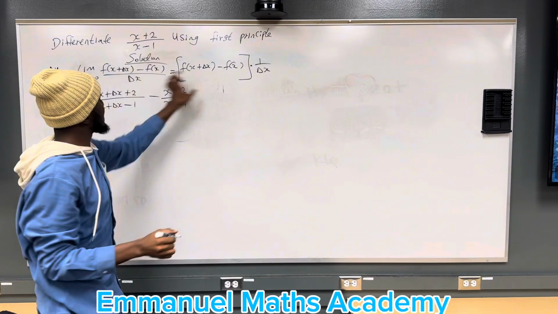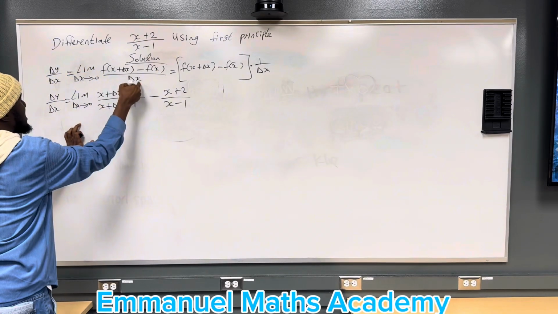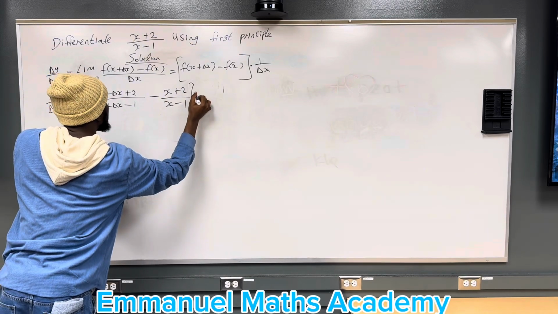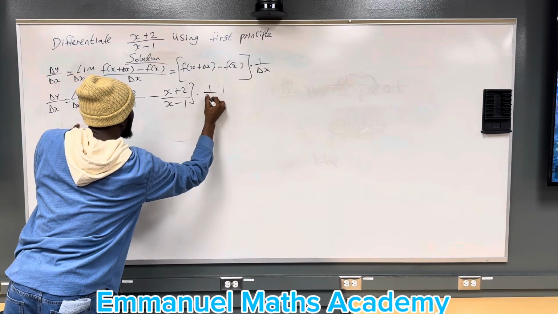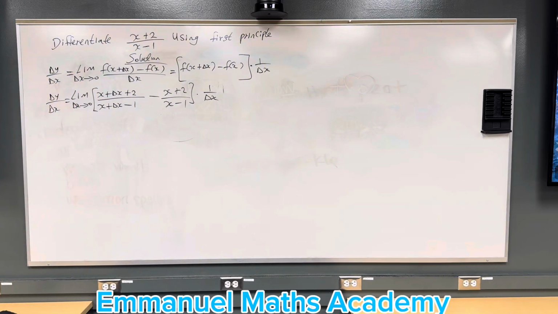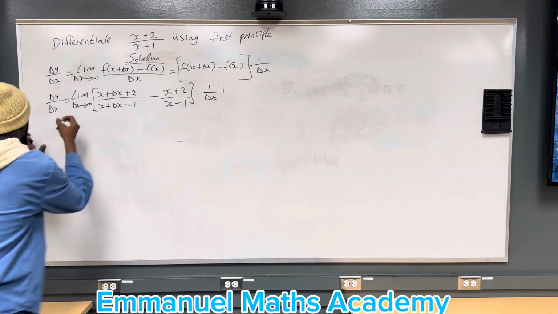This is the same thing as this. So applying this knowledge, this delta x can be outside here. You can actually multiply this to give all these times 1 over delta x.